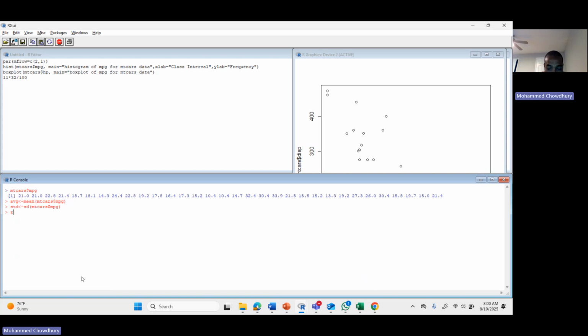Z equals mtcars$mpg minus avg divided by std.